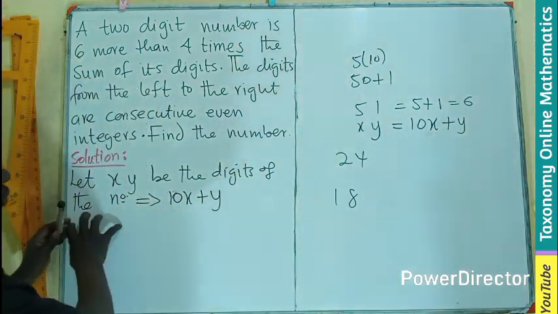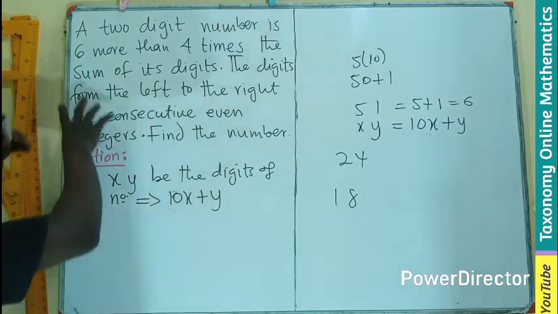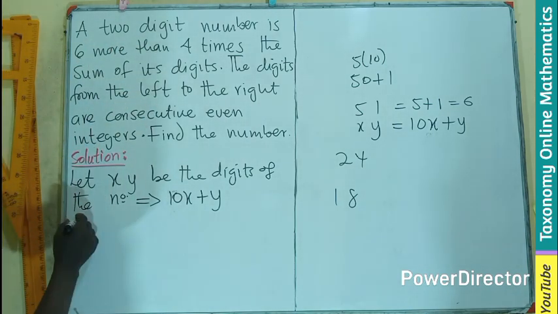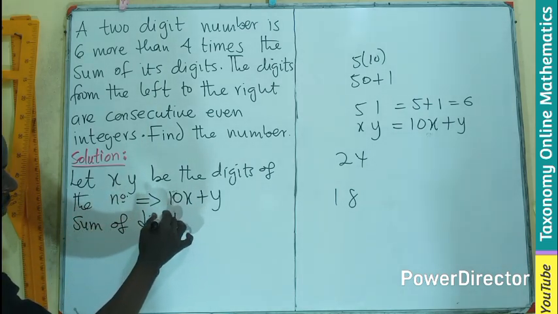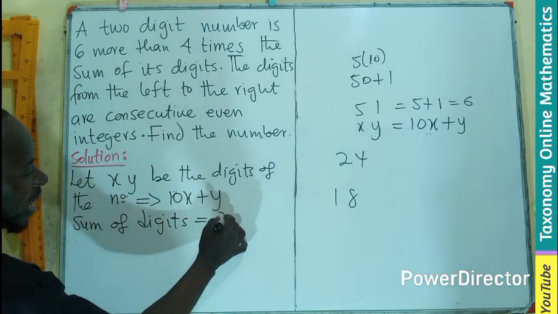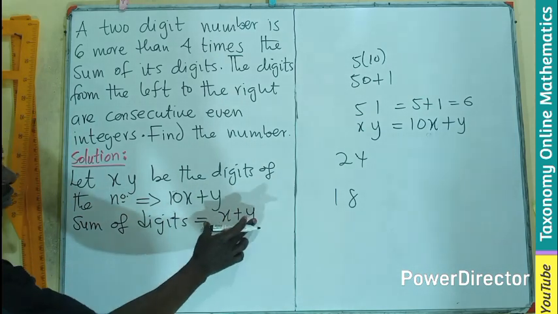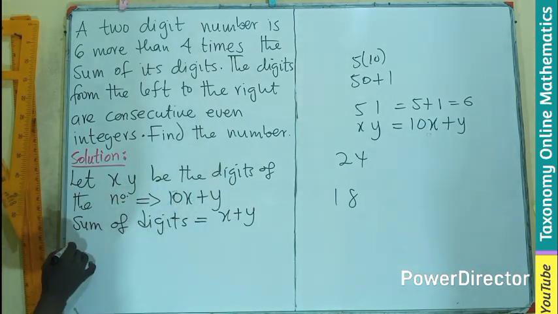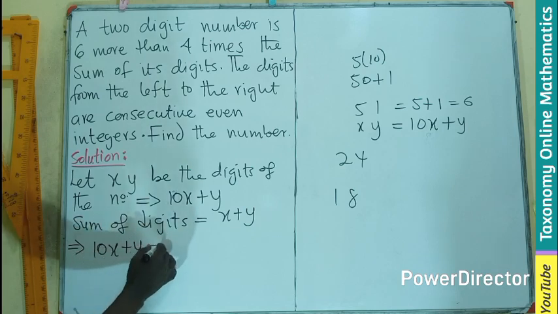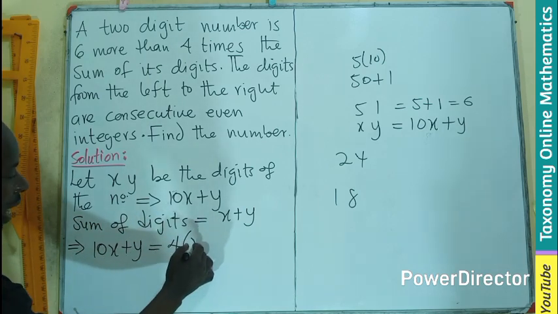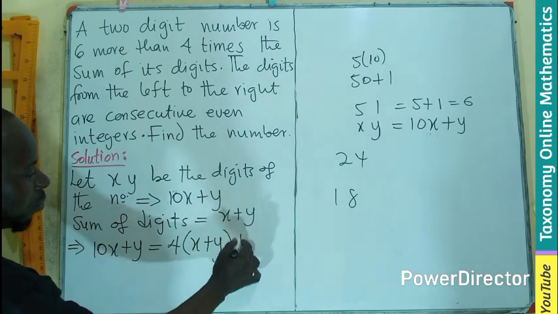So I am going to skip so many sentences here and just say that the sum of the digits is going to be x plus what? y. So 4 times this. So this simply implies 10x plus y is equal to 4 times the sum of the digits plus what?